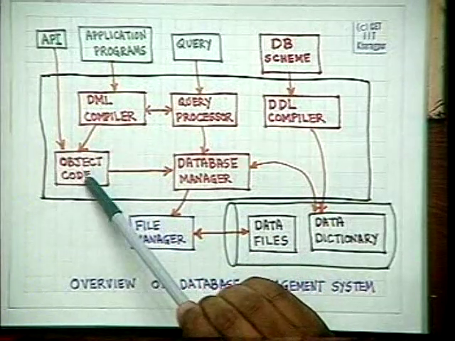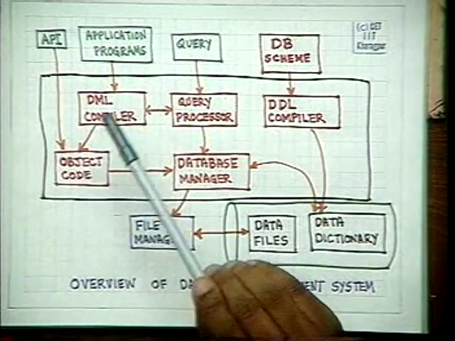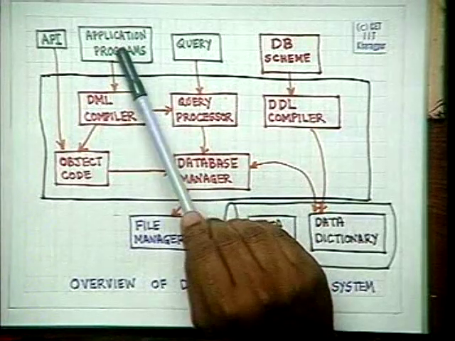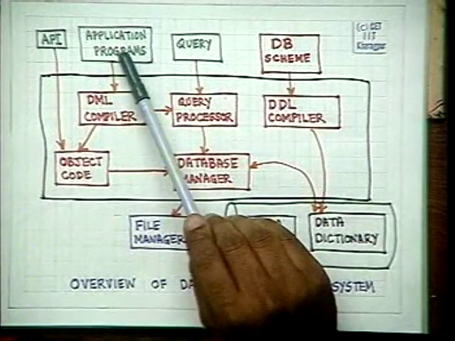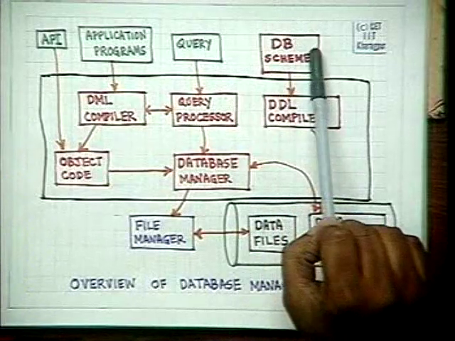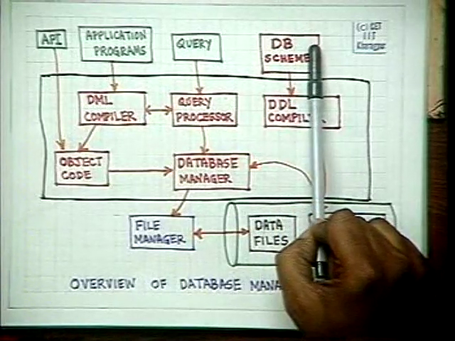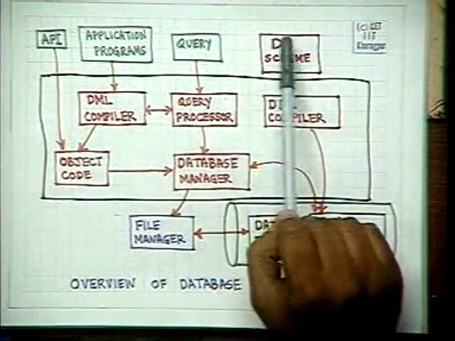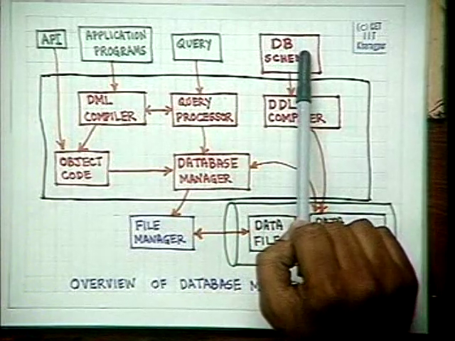Now when this executable object code written in a DML will use the data structures which are defined in the DDL, it will define the schemas which are done in the DDL.